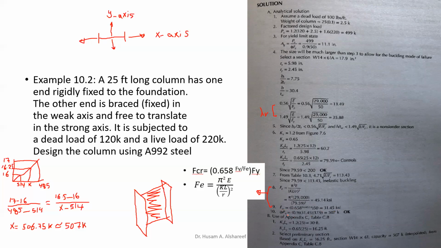Then you take this value and plug it in the general equation, which is phi Pn equals phi, the 0.9 is the phi, times the stress, which is Fcr, times the gross area, which is 17.9, what we found here. And it gives me 500.7.